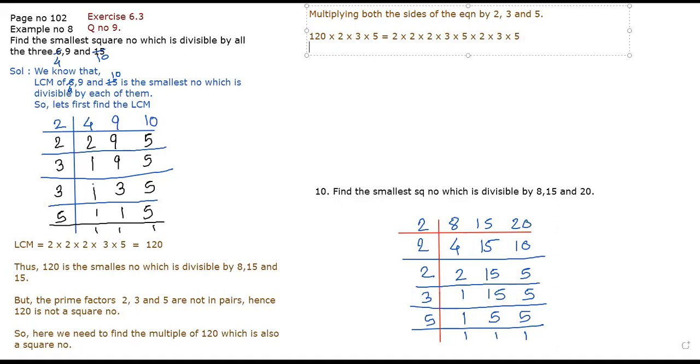So all have become pairs. Yes or no? Yes. Now 120 into 3 is 360, 360 into 10 is 3600.